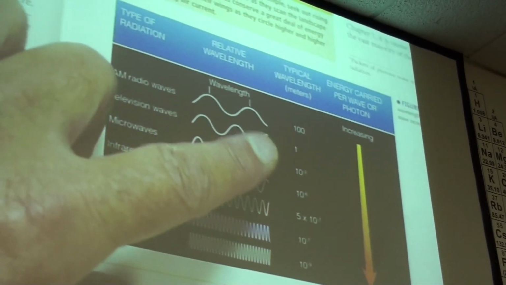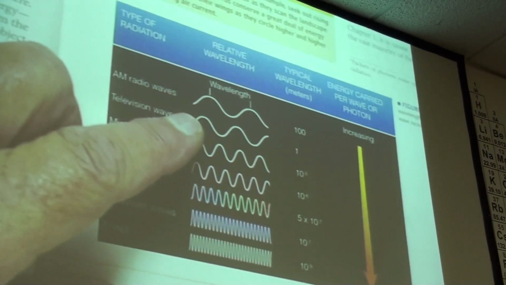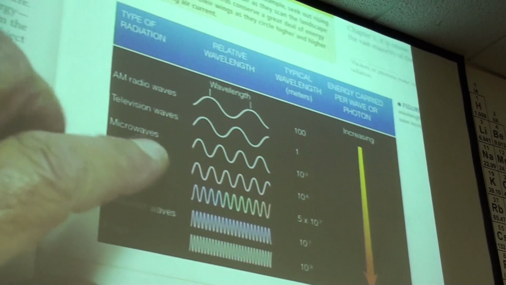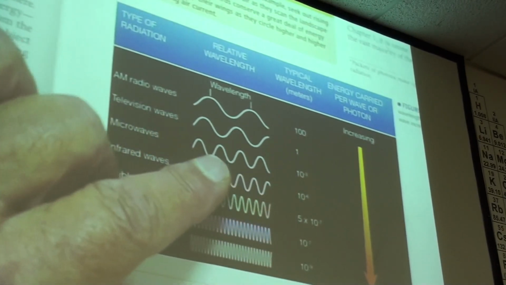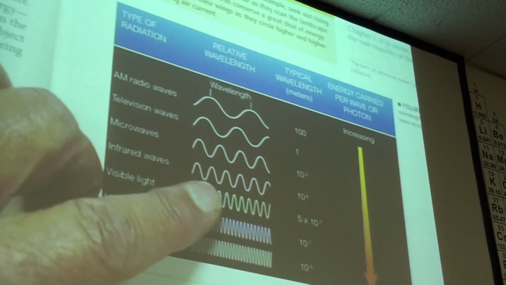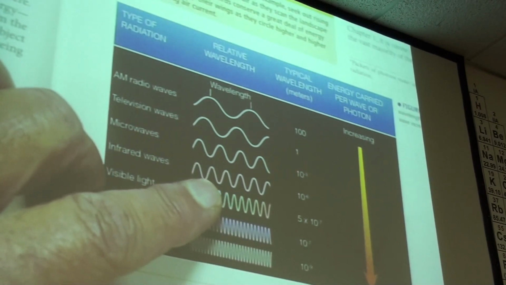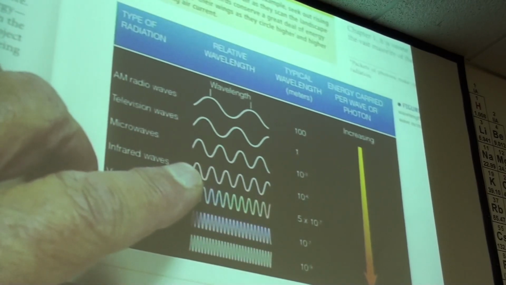Those are more on the order of maybe megahertz, 10 to the 6 hertz. We have microwaves. That's on the order of maybe about 1 billion cycles per second. We have infrared radiation, and that is at an even higher energy and a shorter wavelength.